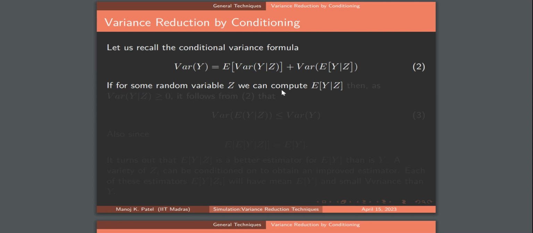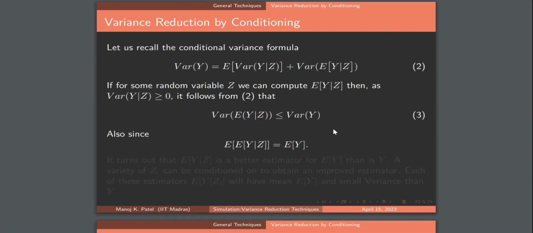If for some random variable Z we can compute the expectation of Y given Z, then essentially, while we were interested in computing the expectation of Y, we can use this formula. We see that the variance of Y is greater than the variance of this conditional expectation.